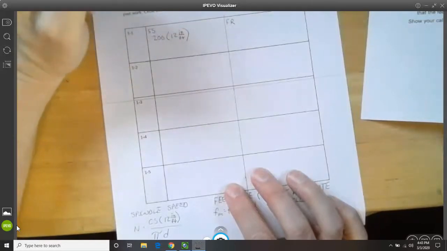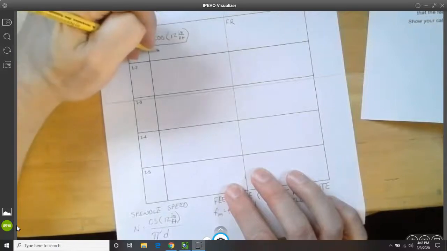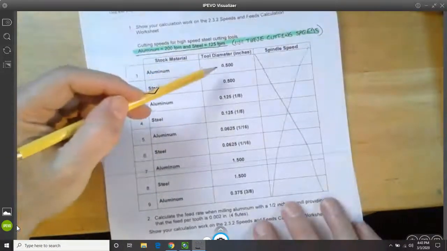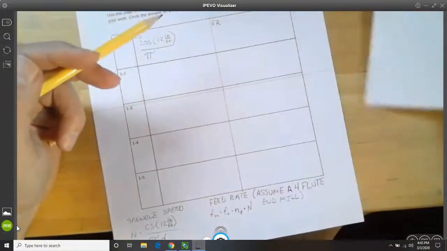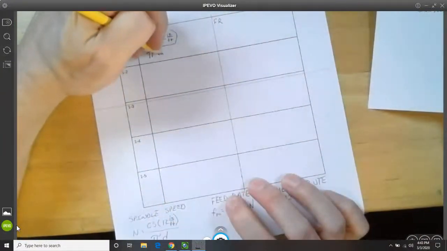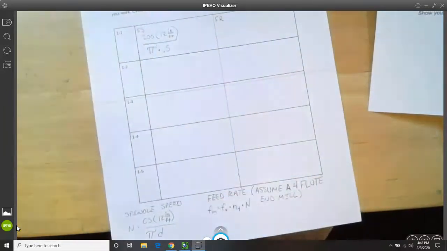Close parentheses, and that's going to be divided by pi times the diameter of the tool. For this first tool, we have a 1/2 inch tool, which is 0.5. So this is going to be times 0.5. That is the first problem, and that's how we set that up.